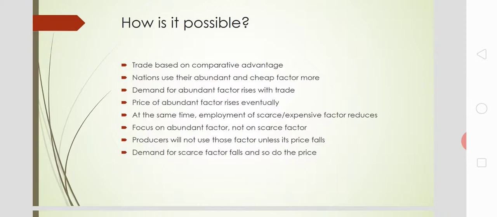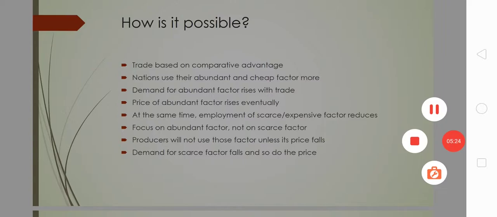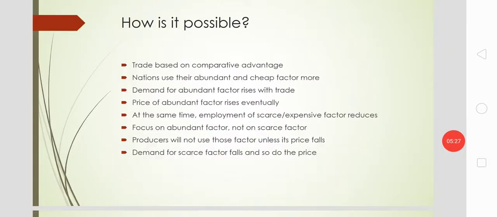Similarly, labor abundant nations export labor intensive commodities on which labor abundant nations have got the comparative advantage. Here, the nations use their abundant factors more, as abundant factor will be cheaper. So they have the advantage over those commodities. That means the abundant factors of a nation will be used more for the production of the commodities on which the nation is specializing.